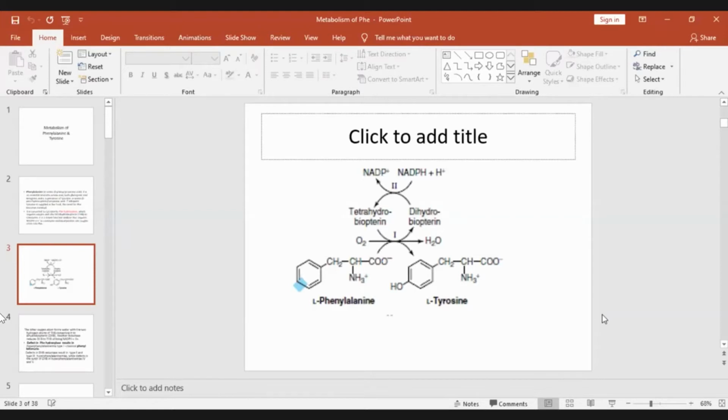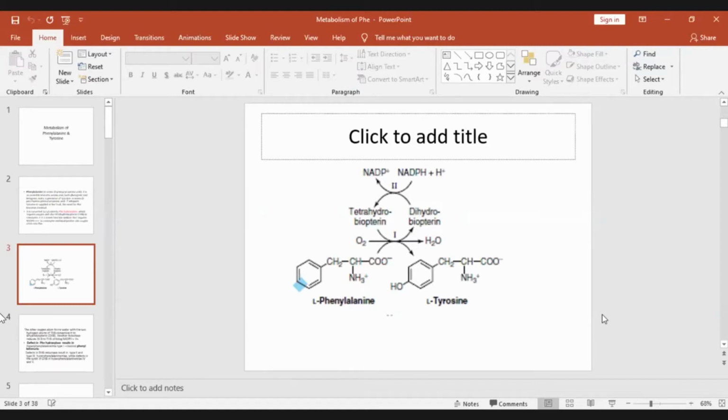So this phenylalanine hydroxylase, and then tetrahydrobiopterin is the coenzyme for it. It's not directly NADPH here. It's a little different from the normal mixed function oxidases. You should remember that. Here tetrahydrobiopterin is the direct coenzyme.